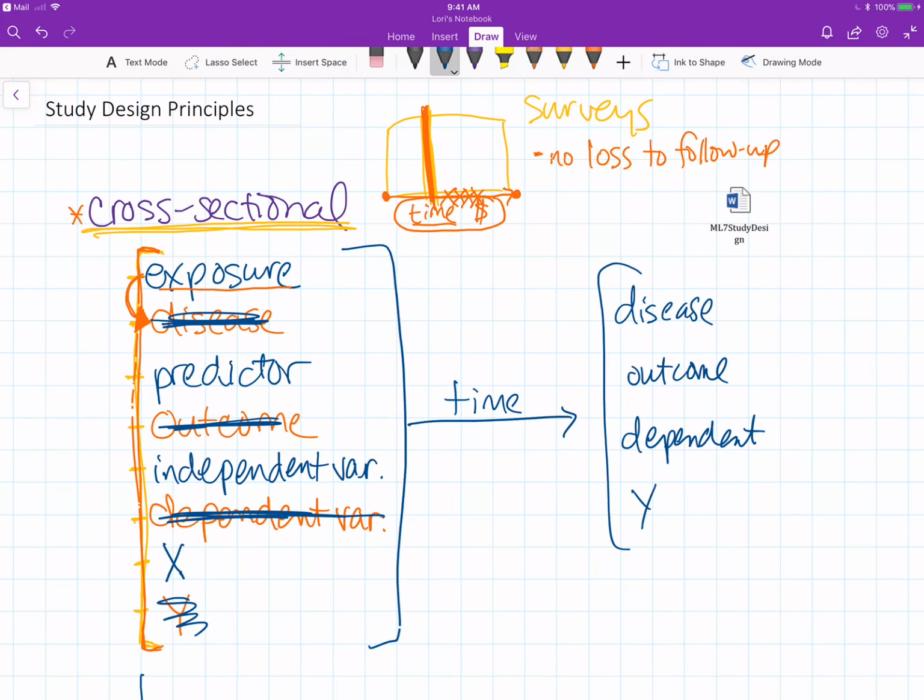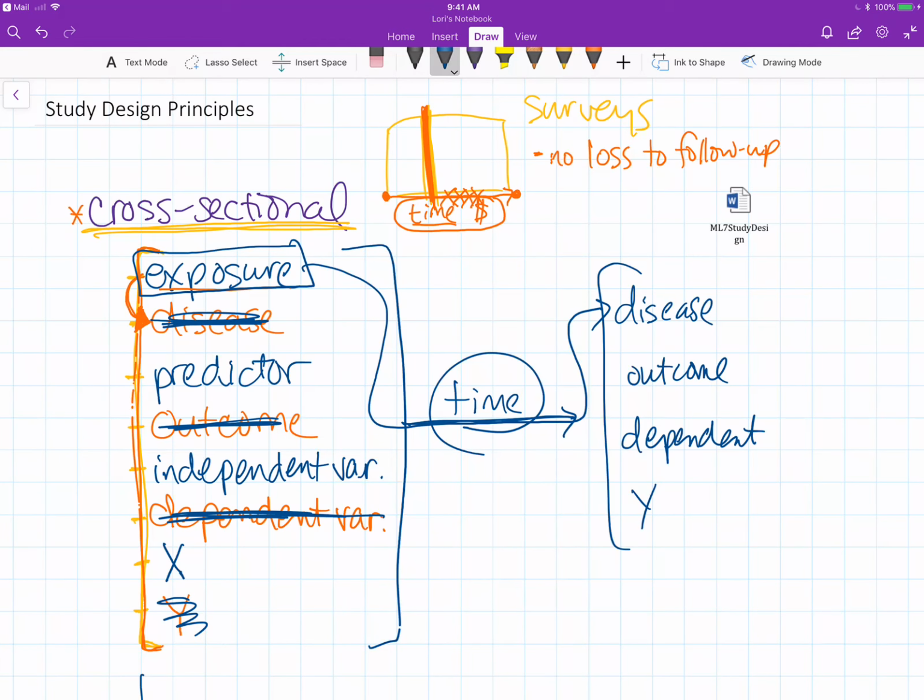And people say, well, how much time has to go by? Is it a week or a month or 20 years? The amount of time that has to pass is the amount of time for that exposure or that predictor or independent variable to be able to physiologically lead to that disease.